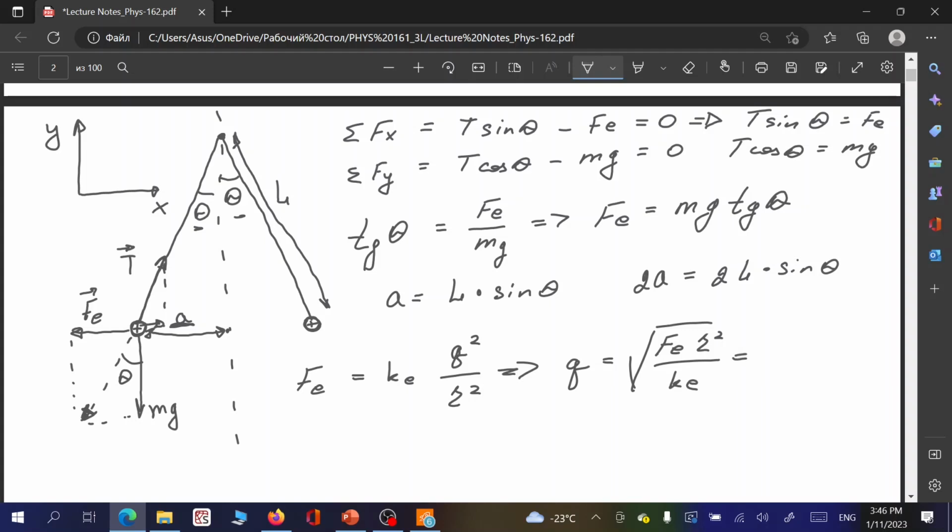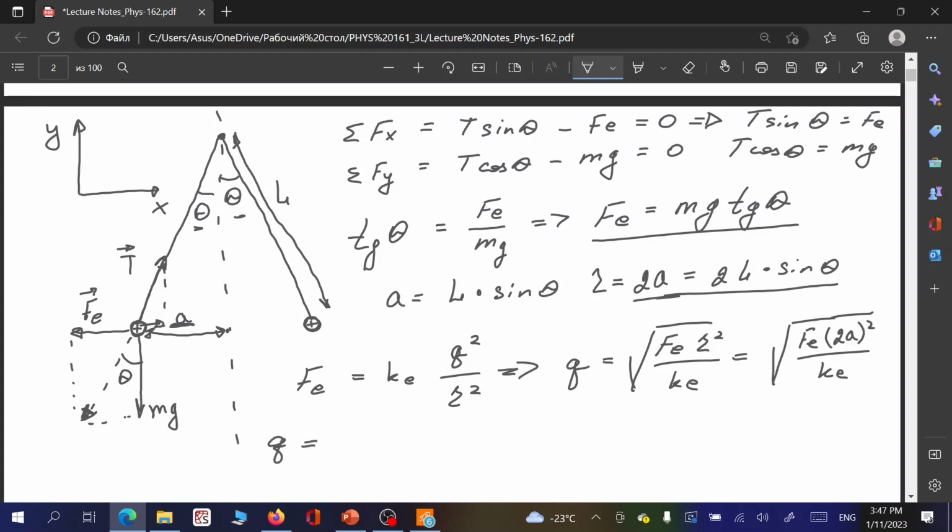And in our given case, the distance R between electric charges is defined as 2a. So we have square root of Fe times (2a) squared divided by Ke. So further, we can substitute the expression for electric force and the distance, so here is R, distance, 2a, into this equation.